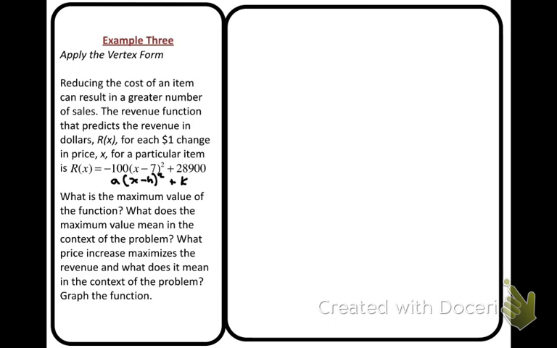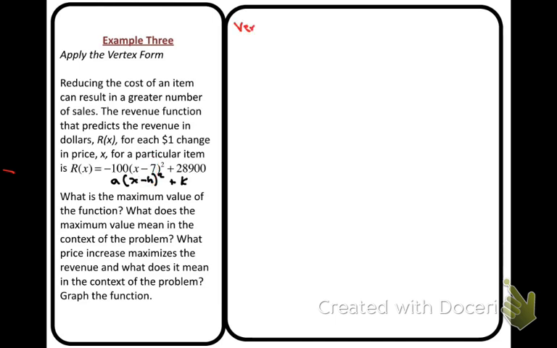So step 1, does our parabola open up or down? We look at a. a is negative 100, which means our parabola is going to open downward, so we're going to have a sad parabola. Step 2 is finding the vertex. So remember, the vertex is opposite of h. h is negative 7. Opposite of that is a positive 7.